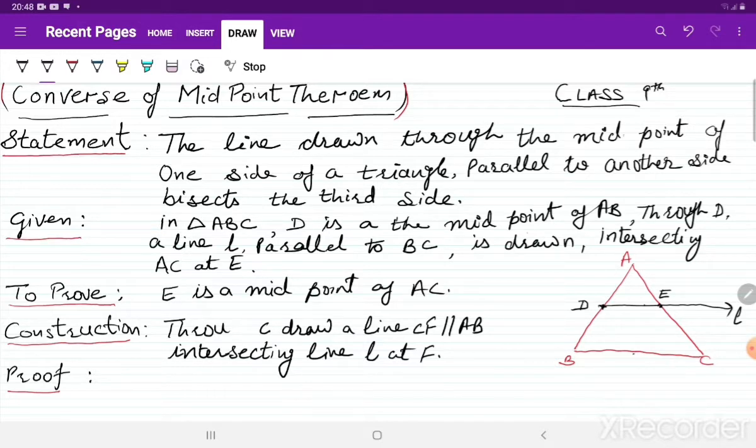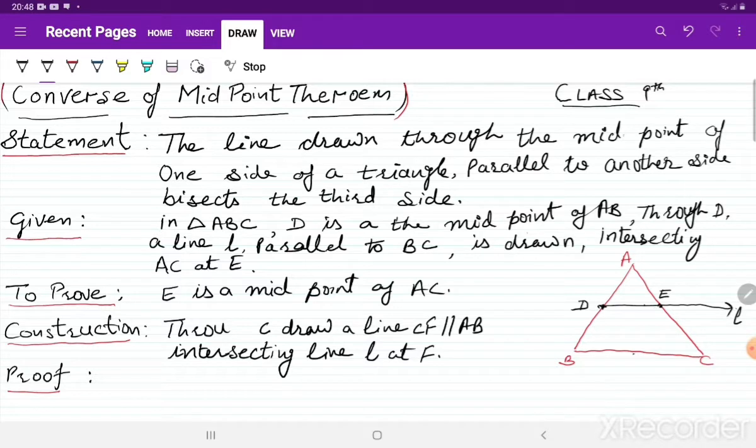In the statement, a line is drawn through the midpoint of one side of a triangle, that is from D, the line L is drawn from the midpoint of side AB. From D we draw one line L which is parallel to BC, another side. This is given. And it bisects the third side. The third side is AC. It bisects the third side AC.